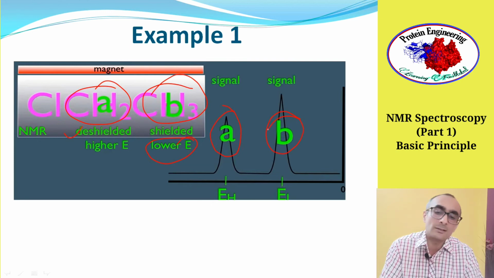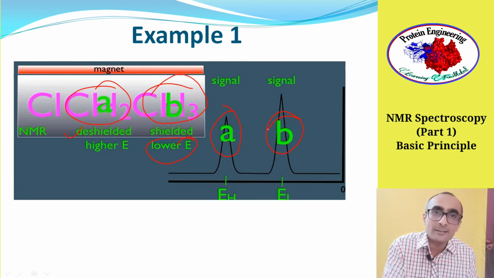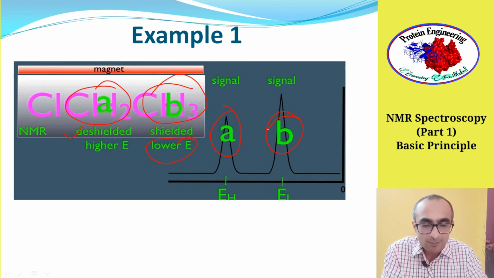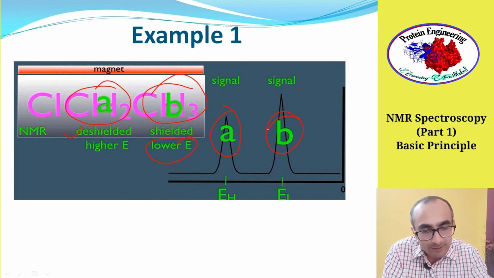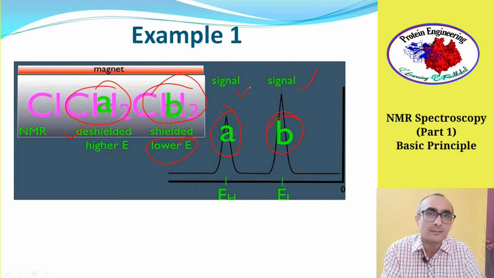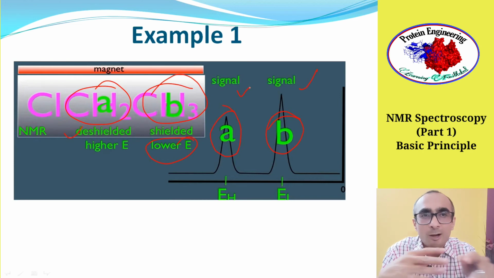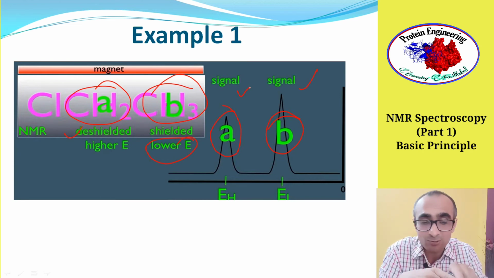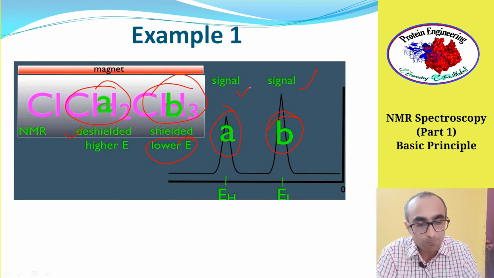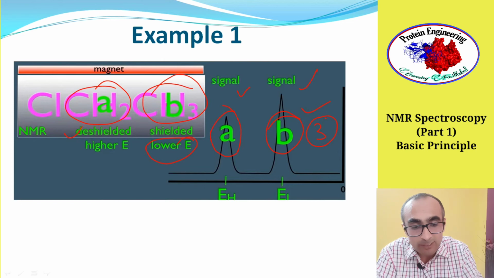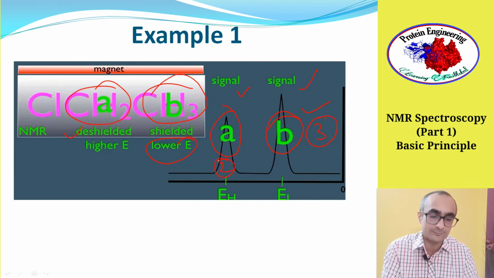So in the ethyl chloride compound, you will get two peaks, and you see here that this signal is bigger than this signal. The strength of the signal, the area of the peak, represents how many protons are contributing to that peak. For example, for B here, there are 3 protons coming from the methyl group. A types are coming from the methylene group, they are 2 protons. That's why the peak is smaller in size.